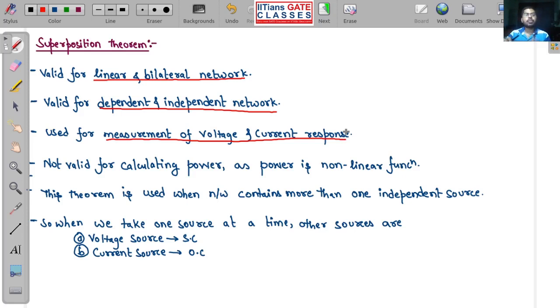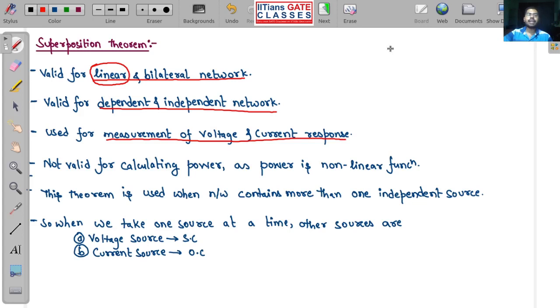Now why does the superposition theorem hold true? Can anyone tell me, or think for yourself? It holds because of this one word I just wrote: linear.